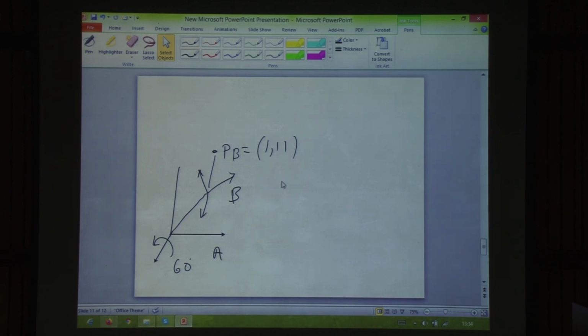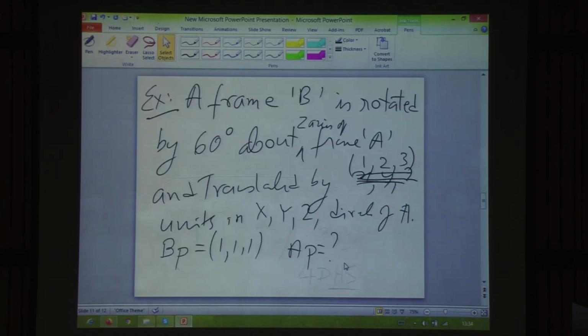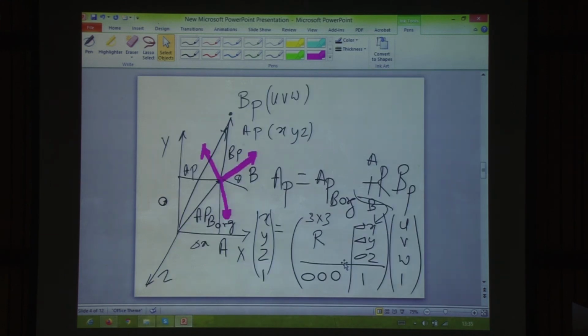So, x, y, z is equal to the homogeneous transformation matrix times the rotated system coordinates. This is my homogeneous transformation matrix. It is said that frame B is rotated by 60 degrees about z, so you know what the rotation matrix is. It will be cos, minus sin, sin, cos, this is the rotation about z.